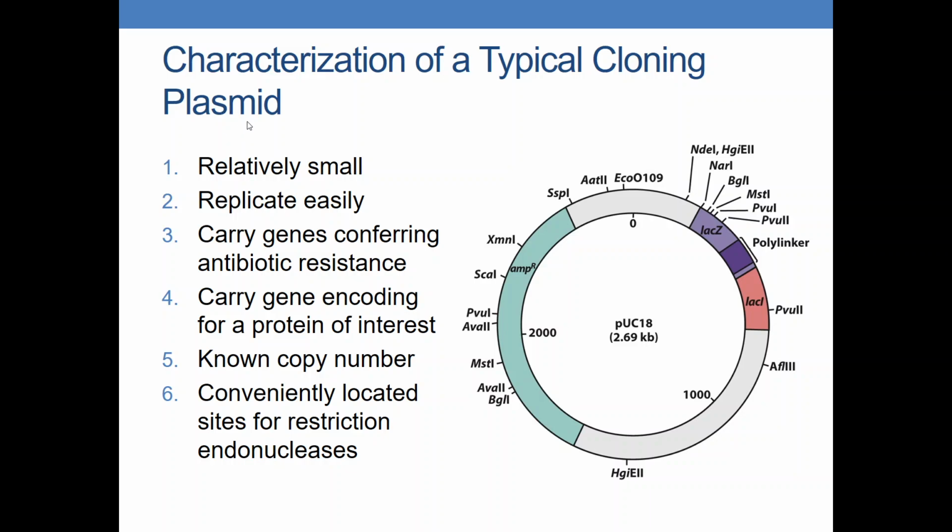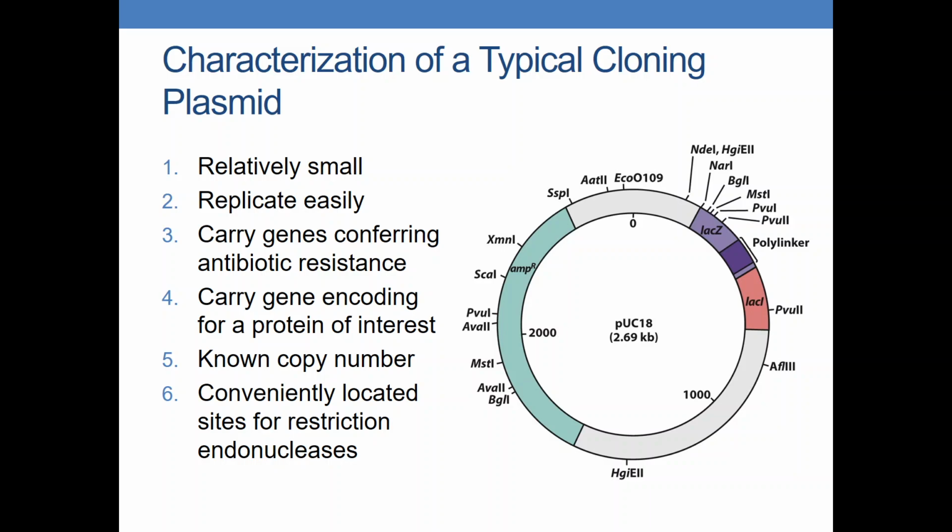This wording is a little bit misleading. So plasmid here is going to refer to my vector, which is shown to you, plus my gene or foreign DNA of interest. So the discussion I'm about to have is related to the typical cloning vector characteristics.